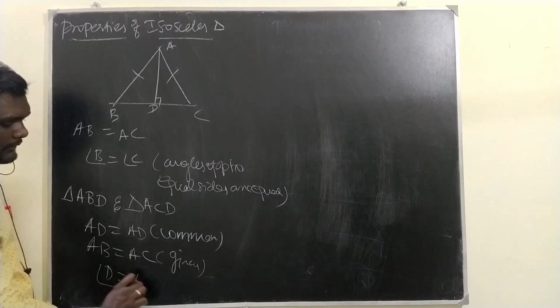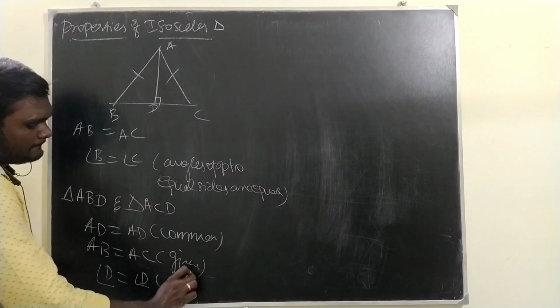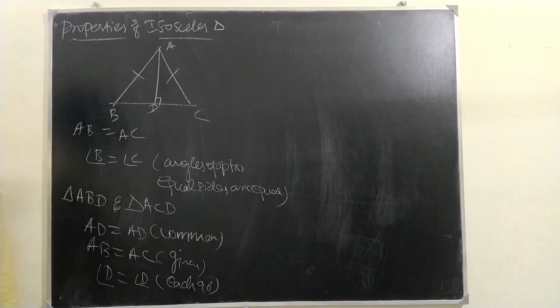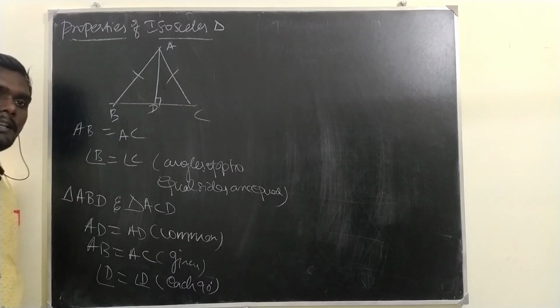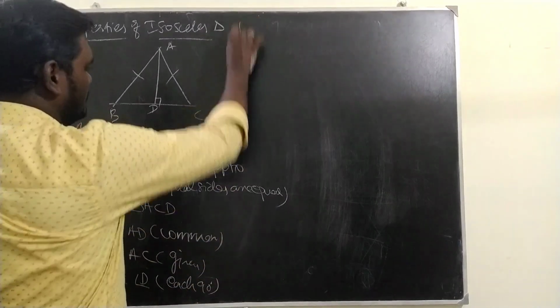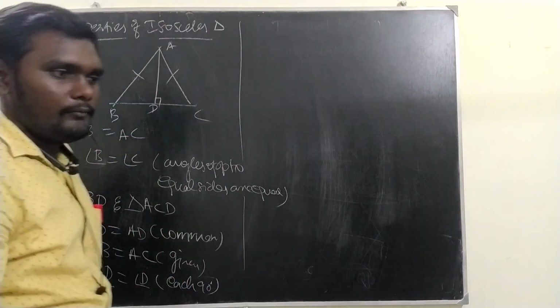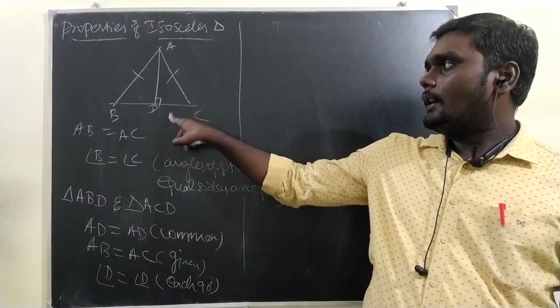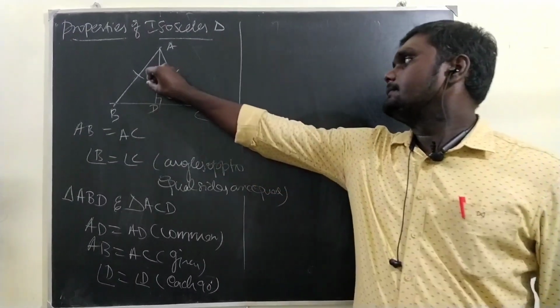Here angle D is equal to angle D. Reason: each 90 degrees. Now tell me, under what congruence will this come? Two sides and one angle equal, must be SAS. Other than this, RHS. See, right angle, the hypotenuse and one side.